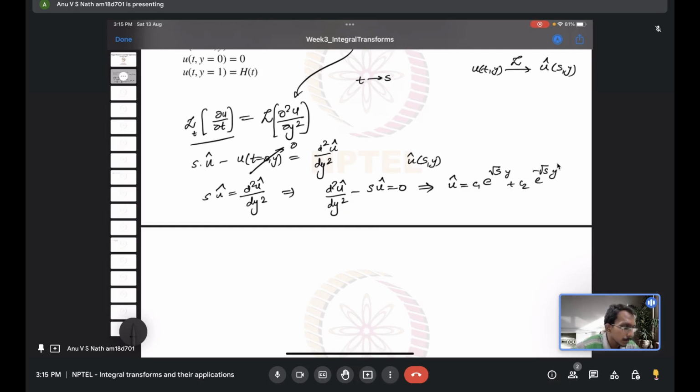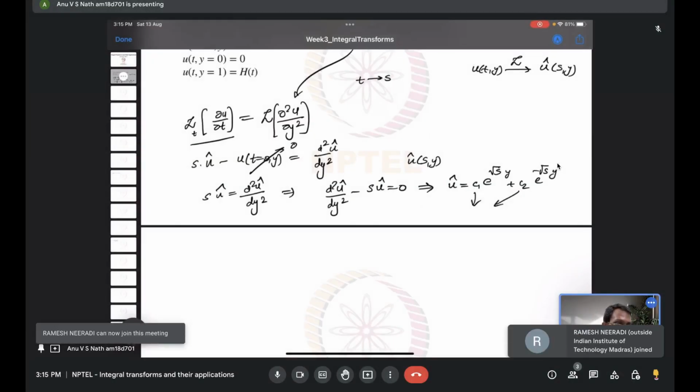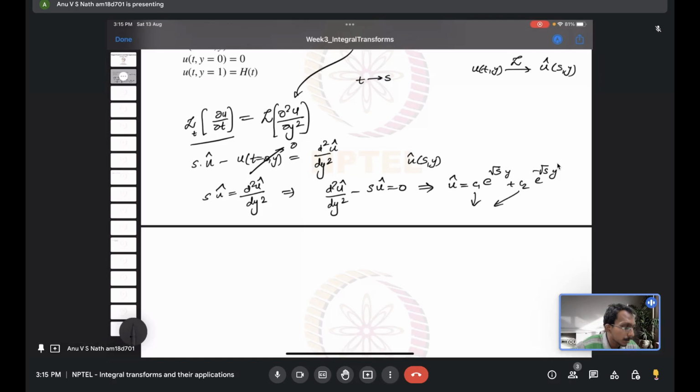And here, c1 and c2 are general constants. They can be constants, or in general they can be functions of s. So generally they can be c1 of s or c2 of s. That dependence we will be evaluating by applying the remaining conditions.